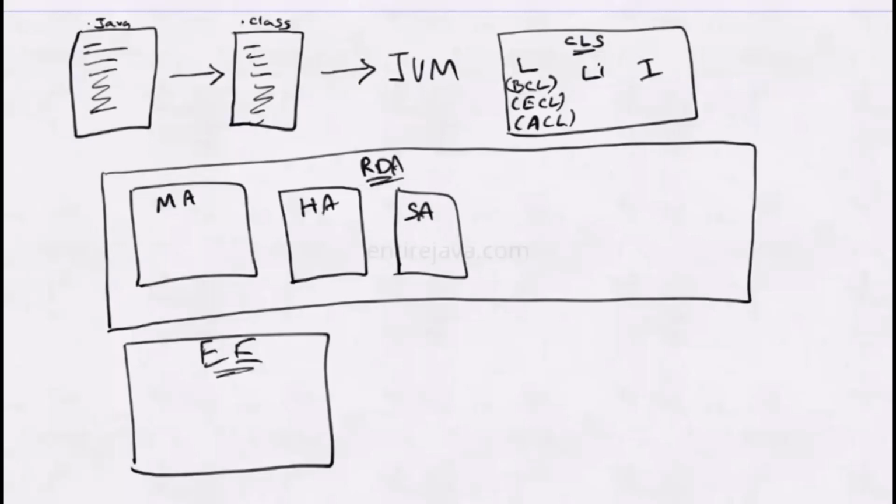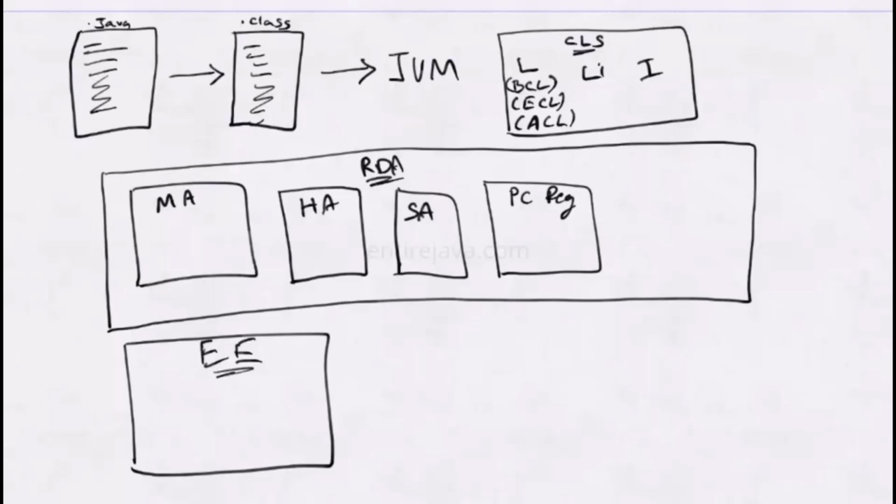And then we have something called PC registers, or program control registers, which are there to hold the address of the current executing instruction in the program. Once the current instruction is executed, the PC register would be updated with the address of the next instruction. That way it keeps on getting updated till we reach the end of the program.